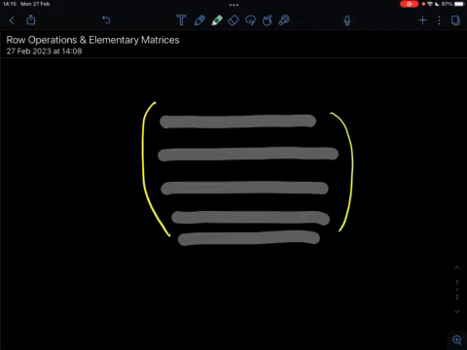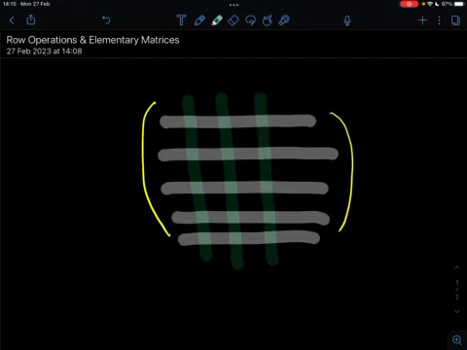Sometimes there will be cases where we can just focus on the columns. So what we want now is some notation that can be used to refer to these two objects that we have brought into our discussion of matrices.